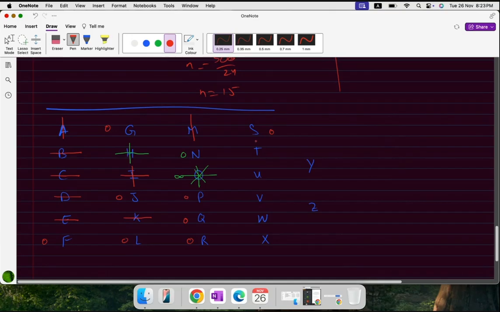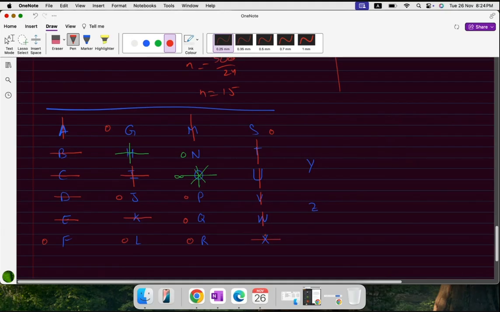T, from the middle, from the top. And U, basically this would depend on writing style as well. So it has one. V also has one. W, from the middle. X, you have two, one horizontal and one vertical.